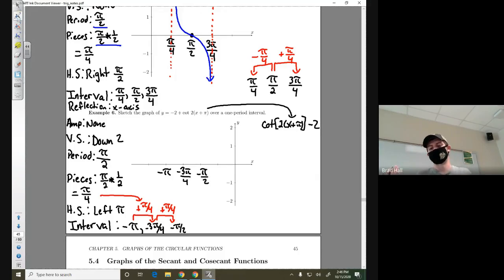I skipped the first tick marker over here, because that's negative pi over 4. You could put the negative pi over 2 over there, and I would probably think in my mind, oh, that's kind of gross, but I don't care that much. But yeah, these go by increments of pi over 4.